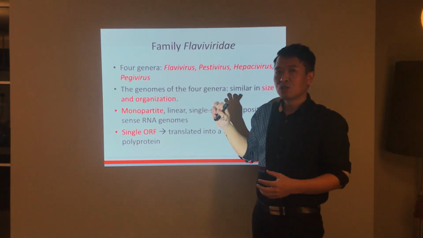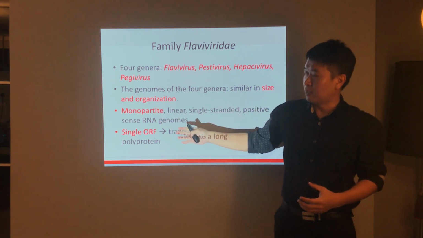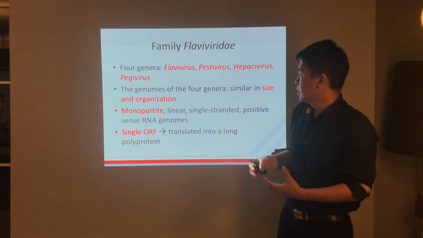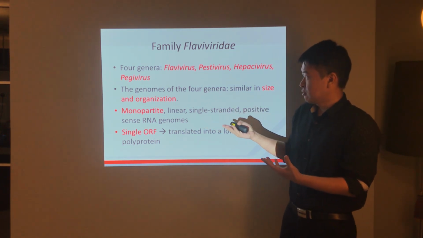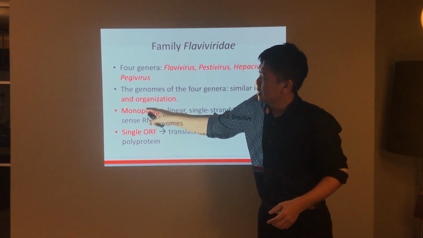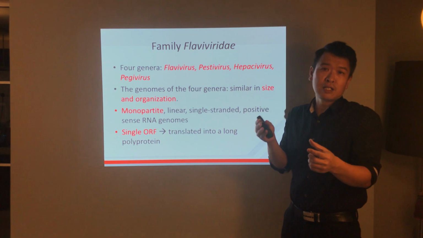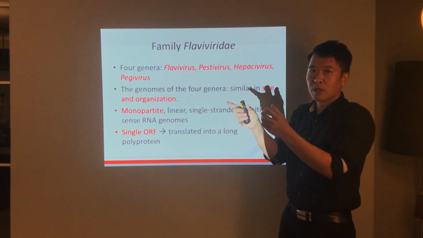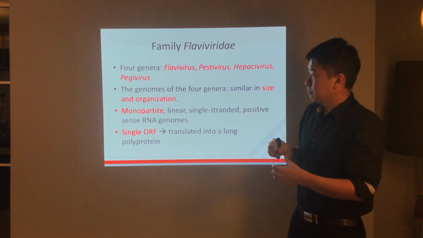The virus genome is linear, single-stranded, and positive sense, meaning the viral RNA is the positive strand. More importantly, it is monopartite, which means the RNA is not segmented into a few segments. It's just one long linear RNA.